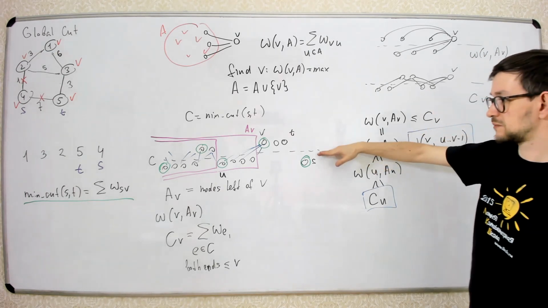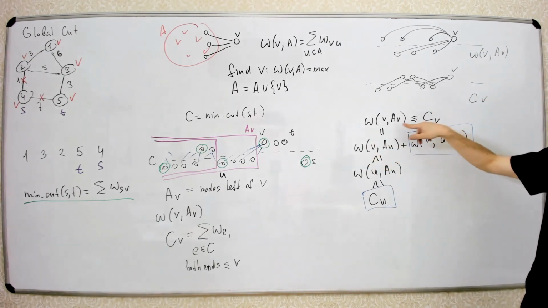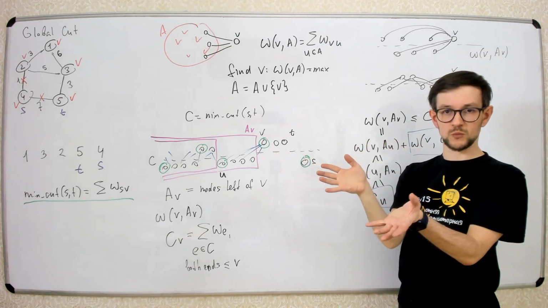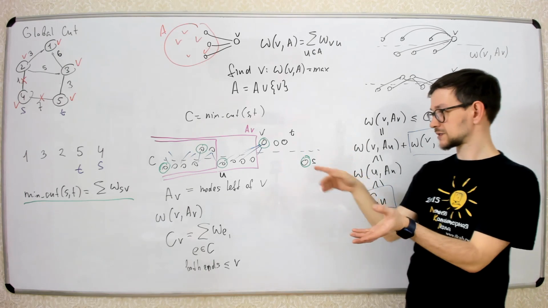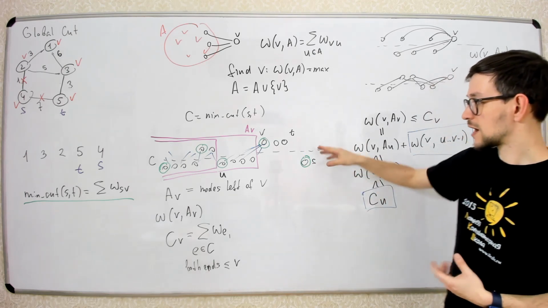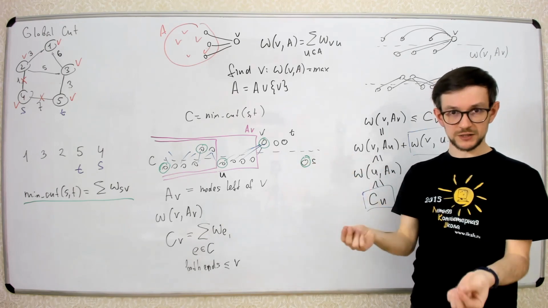the weight of the minimal cut is greater than or equal to the sum of everything which goes out of this node S. If we cut everything from node S, it is some cut.